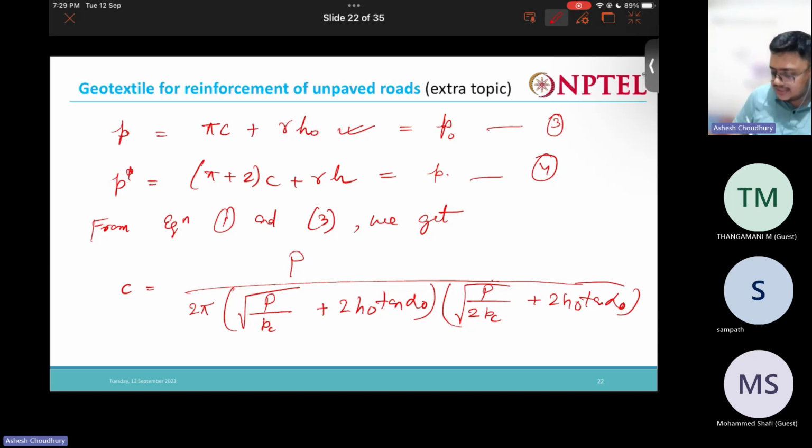Okay, so using this expression, if you know the cohesion, if you know P, if you know PC, if you know alpha naught, what we can get? We can get the height of the aggregate that we need to use. This is the unreinforced case. There is the H naught case.